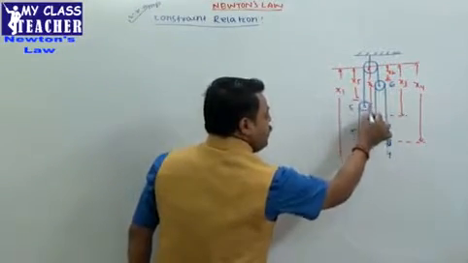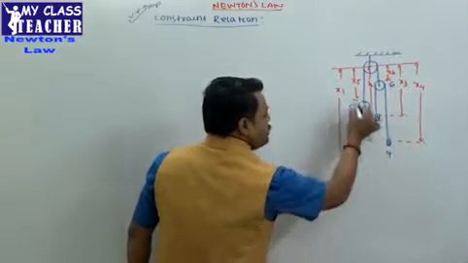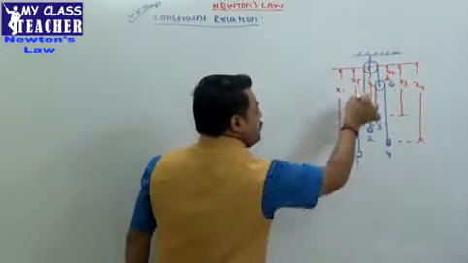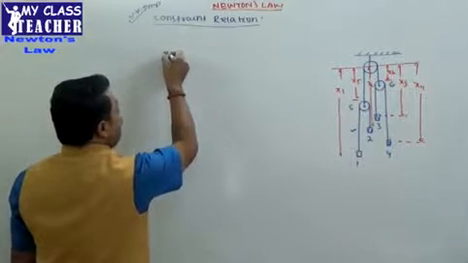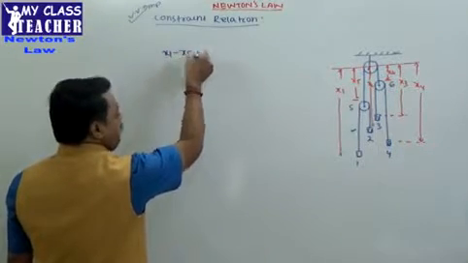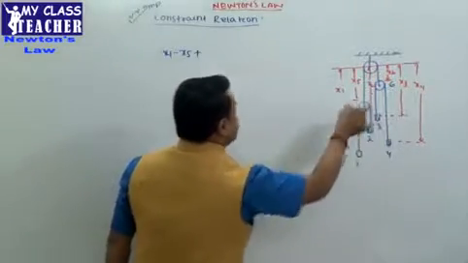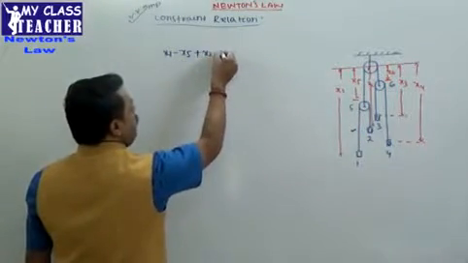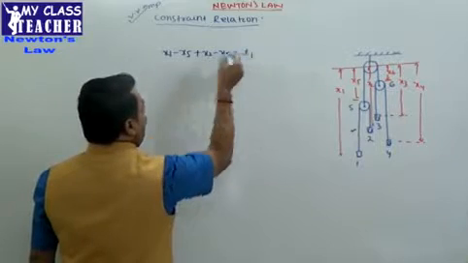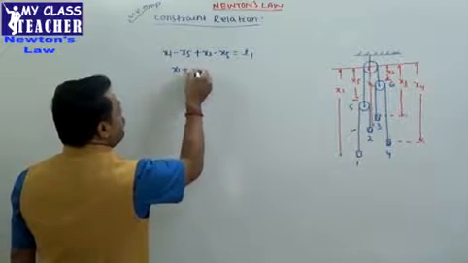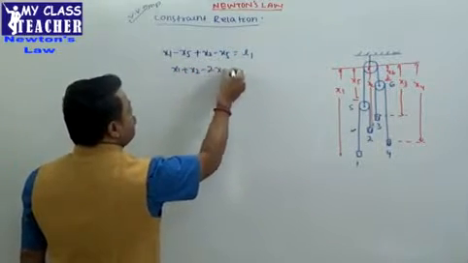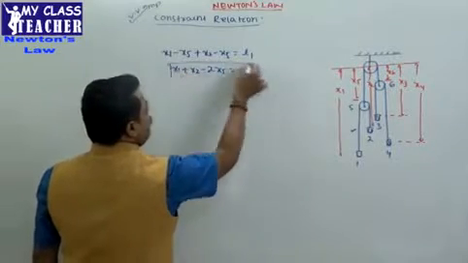Length of this portion plus length of this portion. Length of this portion is equal to x1 minus x5. That means this is equal to x1 minus x5 plus length of other portion. This is equal to x2 minus x5 plus x2 minus x5 is equal to L1. That means x1 plus x2 minus 2x5 is equal to L1. This is equation number 1.